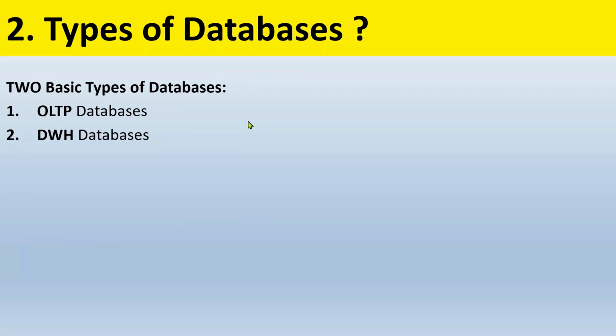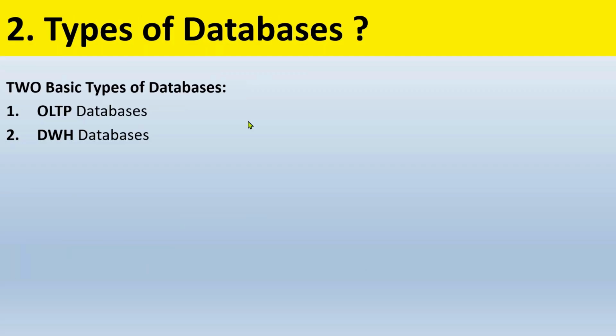One is OLTP and the other one is the warehouse. OLTP for storing live real-time data, whereas the warehouse is used for storing old historical data.